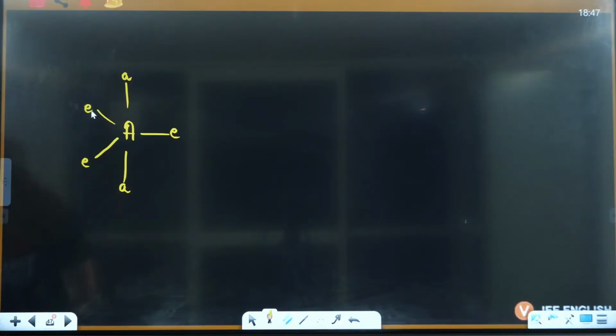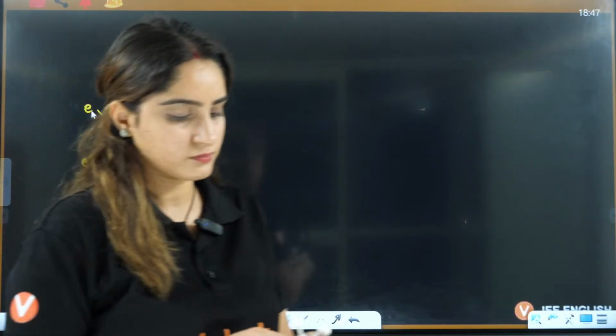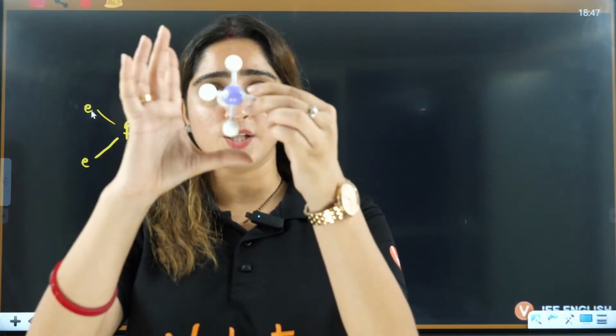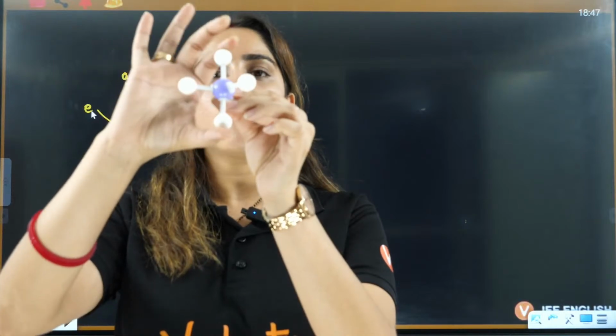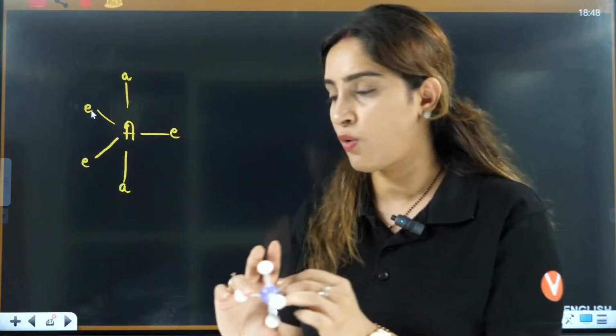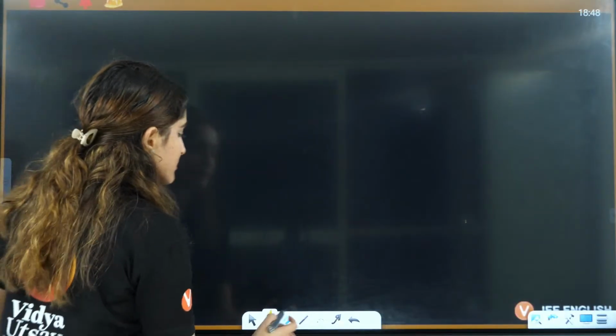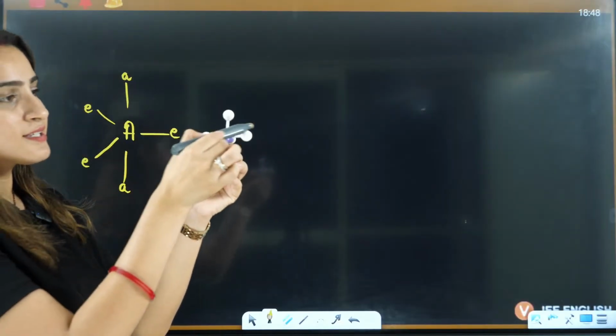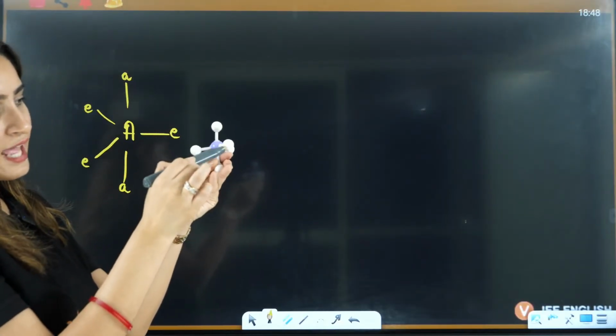If I talk about axial, this one and this one are axial. In the case of axial, can you tell me what the angle is? The angle is 90.